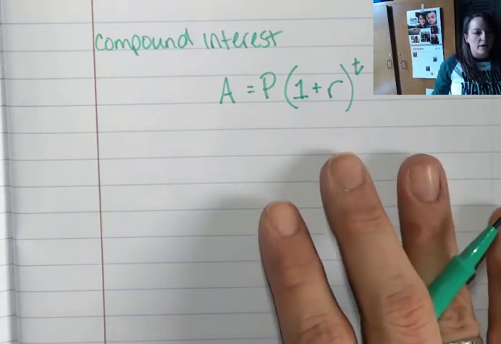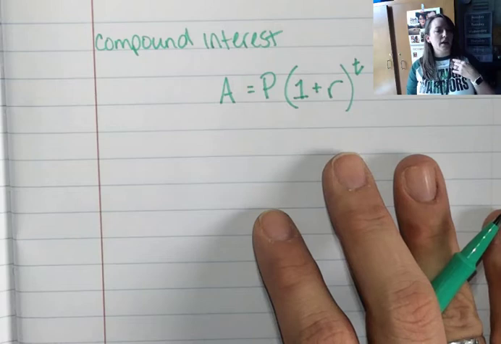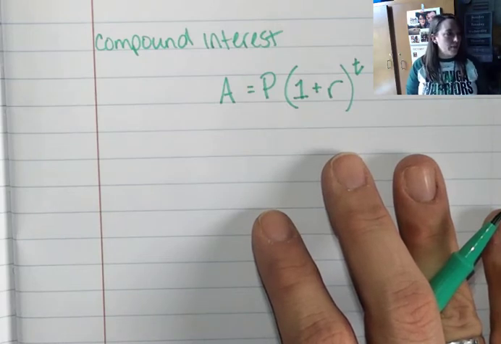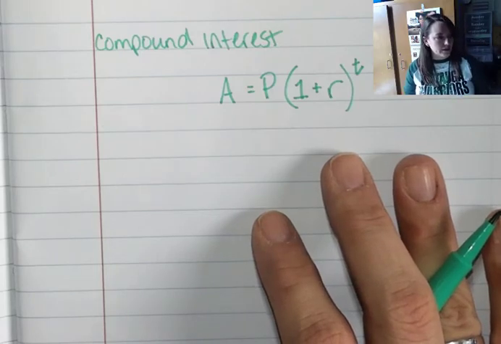This is kind of how credit cards work. You spend money on a credit card and then you make a payment, then they calculate interest. You make a payment, they recalculate the interest.